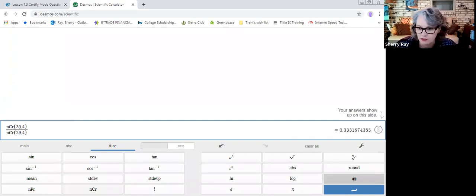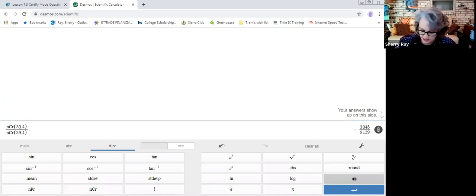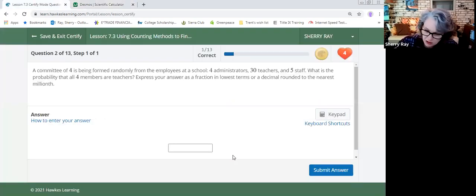And so I can write this answer as a fraction, 3,045 over 9,139. So we'll go back, 3,045 divided by 9,139.